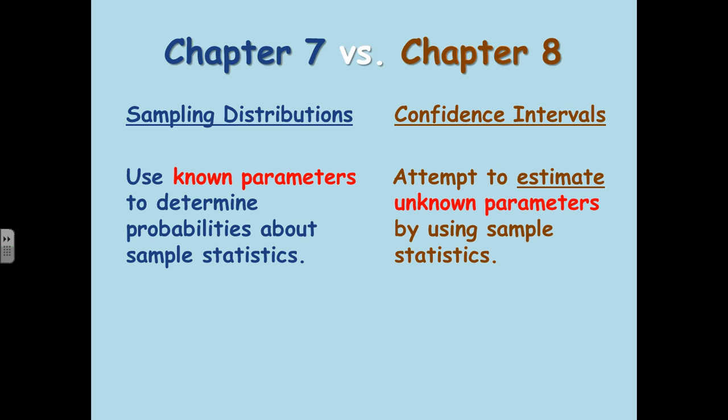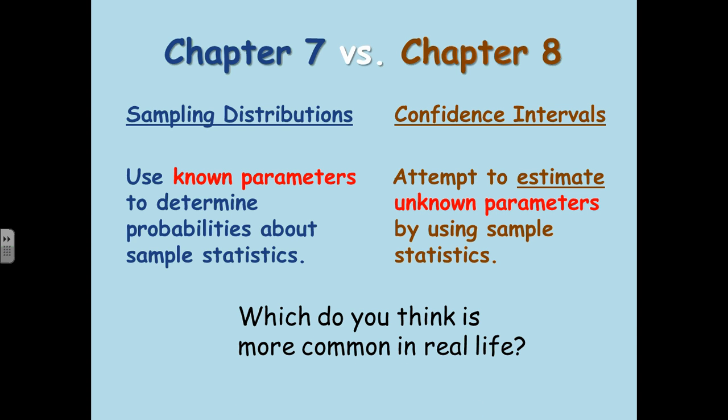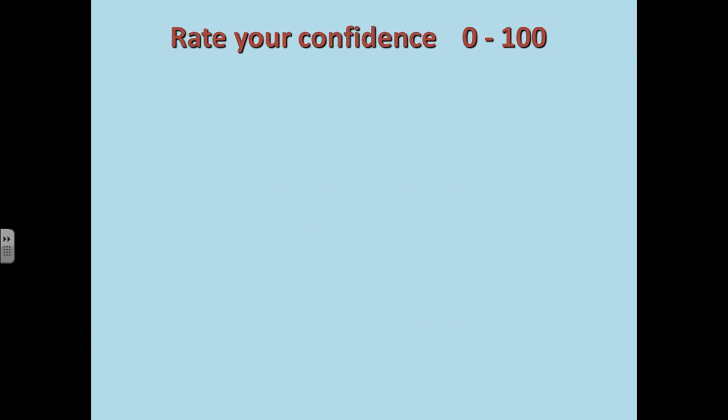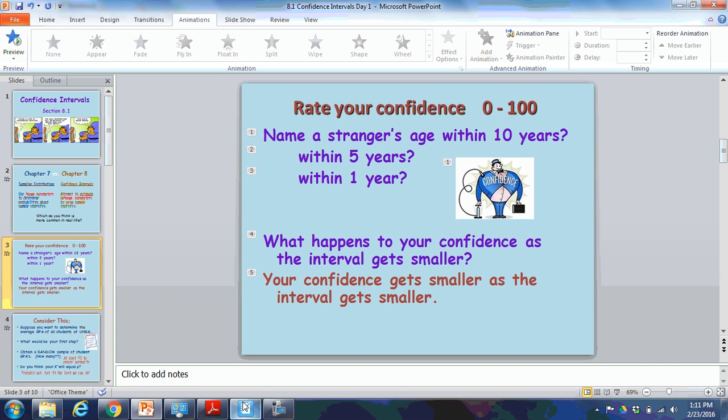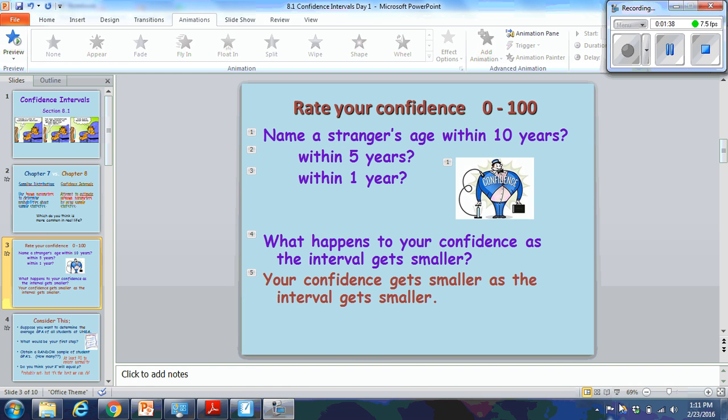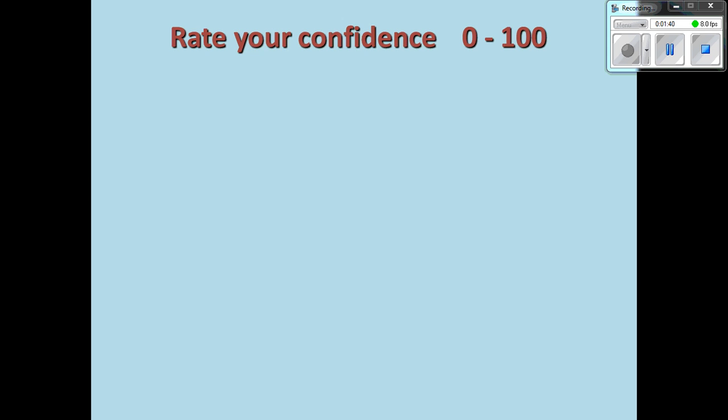And remember, a parameter is about a population, so all we will really have is the sample value. You might have a mean of a sample or a proportion of a sample that has a certain characteristic, and you'll use that to estimate the parameter. In real life, in practice, it's much more common to do what's going on in Chapter 8, confidence intervals.